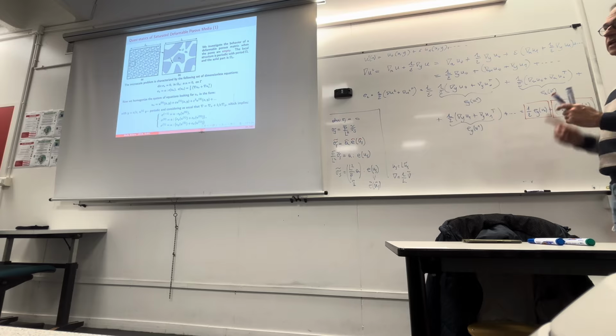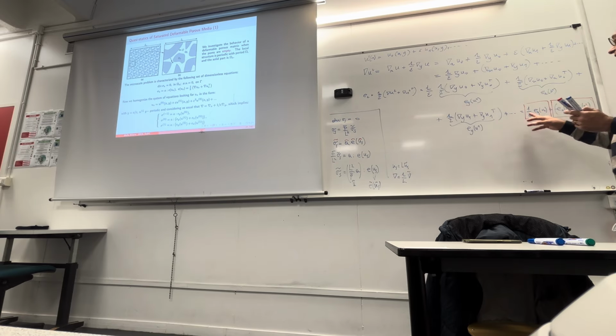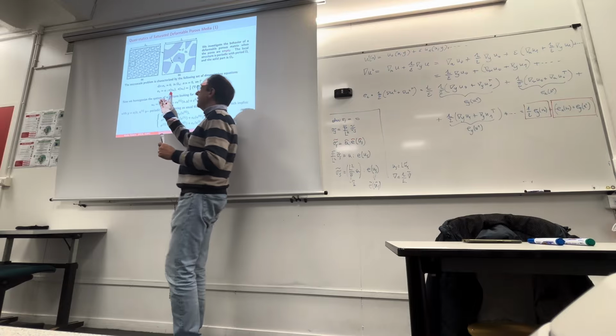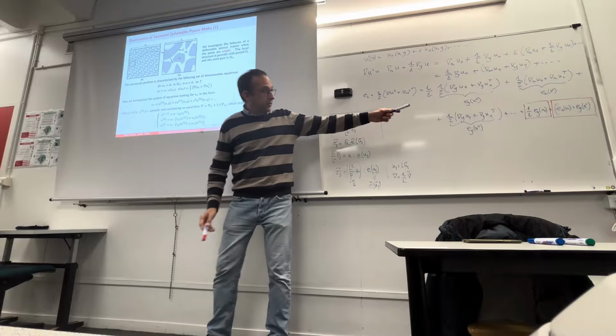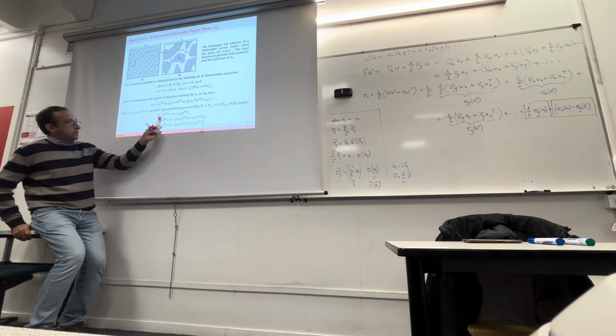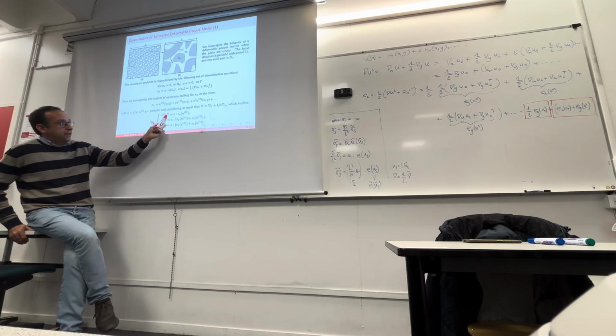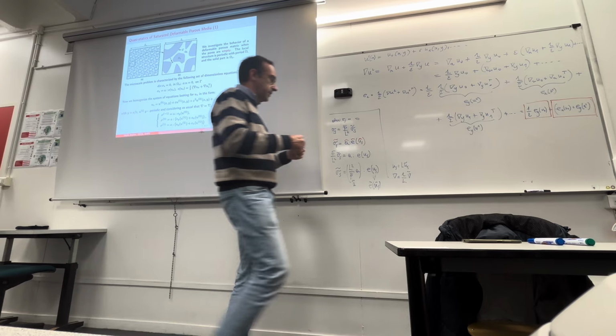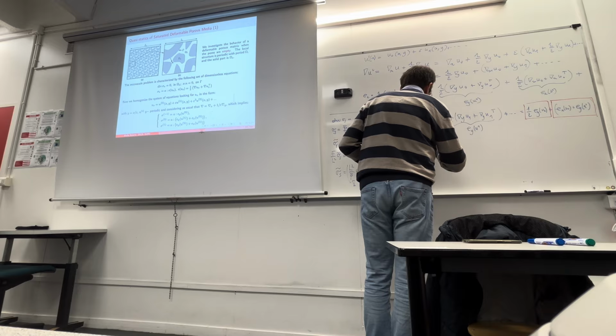As the stiffness A is of order 1, you can find the same behavior of E for sigma, because sigma is A E. As E is of that form, sigma would be of that form, a sigma of order 1 by epsilon.